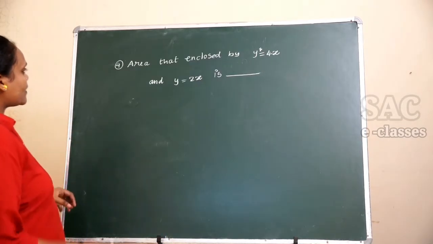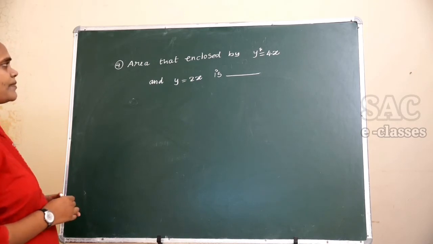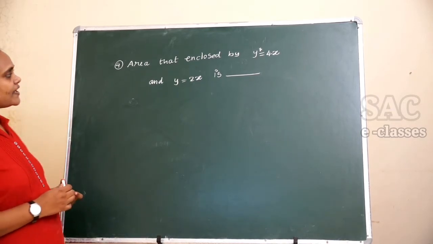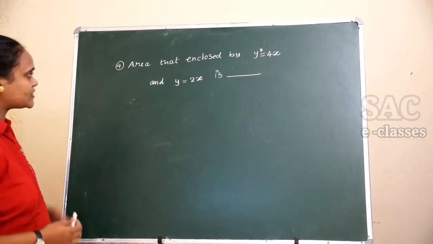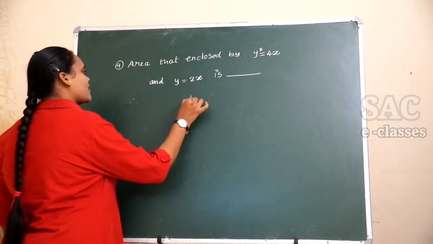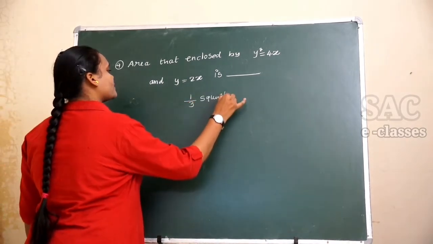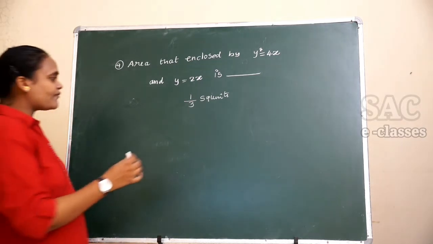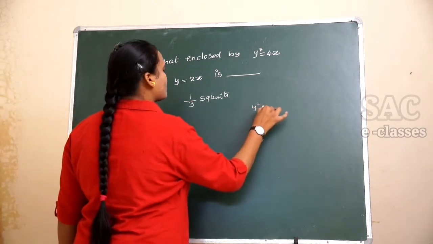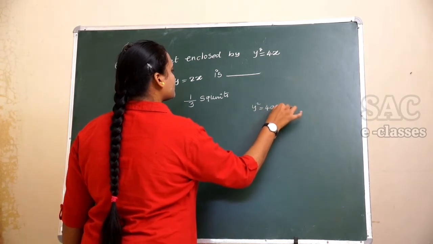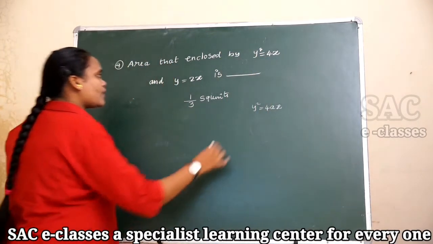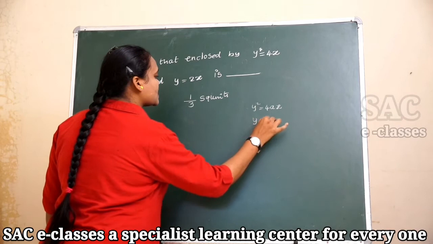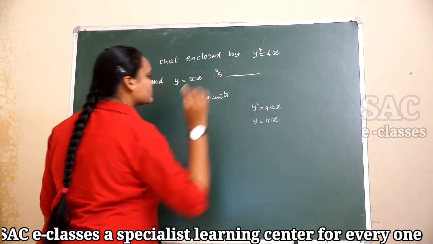Now see the fourth problem. The area enclosed by y² = 4x and y = 2x is 1 by 3 square units. How can we solve this for any parabola in the form y² = 4ax and a line y = mx?